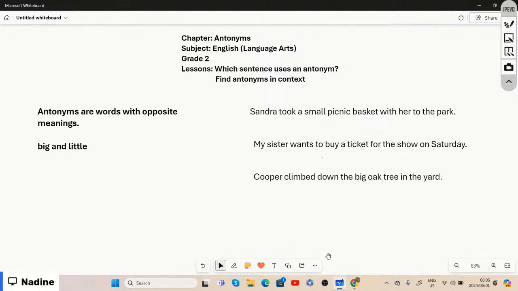All right, so antonyms are words with opposite meaning. In our previous lesson, we did antonyms, but we did not complete all of the lessons.